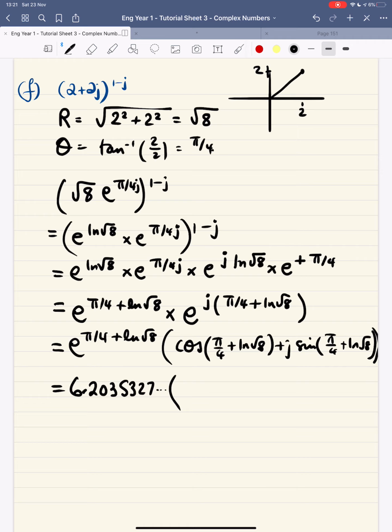Okay, so there I want cos of that, that's minus 0.2515, etc., plus j, sine of that, times 0.967833, etc. So I'll just type in the numbers that I've got. 6.2035327 times minus 0.2515.